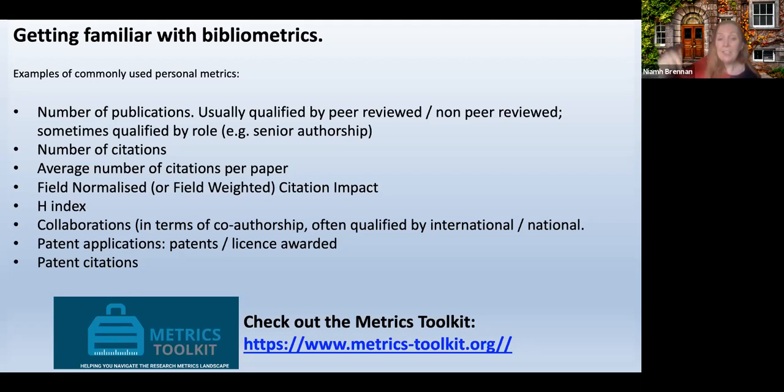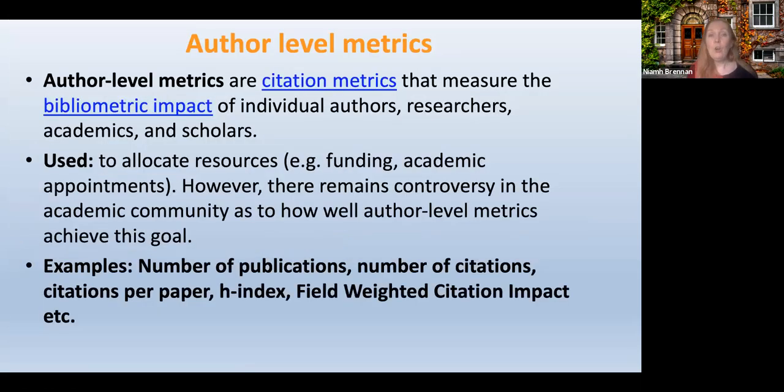So again, check out the metrics toolkit. Here's the link to it again that will explain a lot of these metrics. Author level metrics are citation metrics that measure the bibliometric impact of individual authors, researchers, academics, and scholars. And they can be used to allocate resources like funding or for academic appointments.